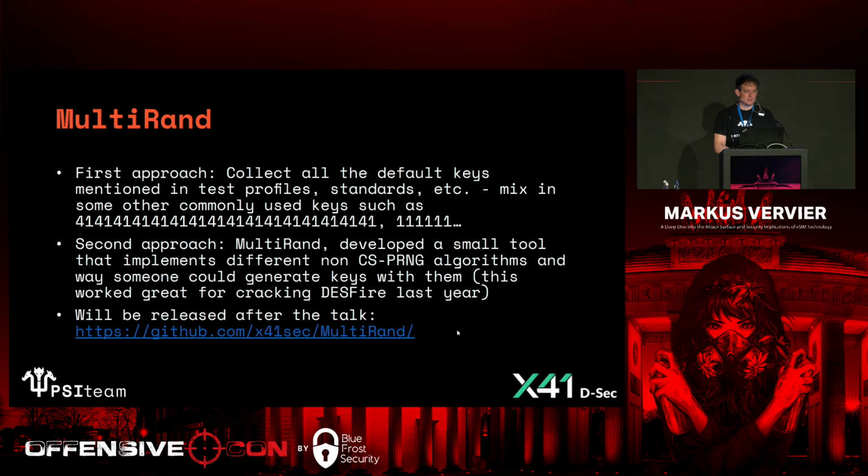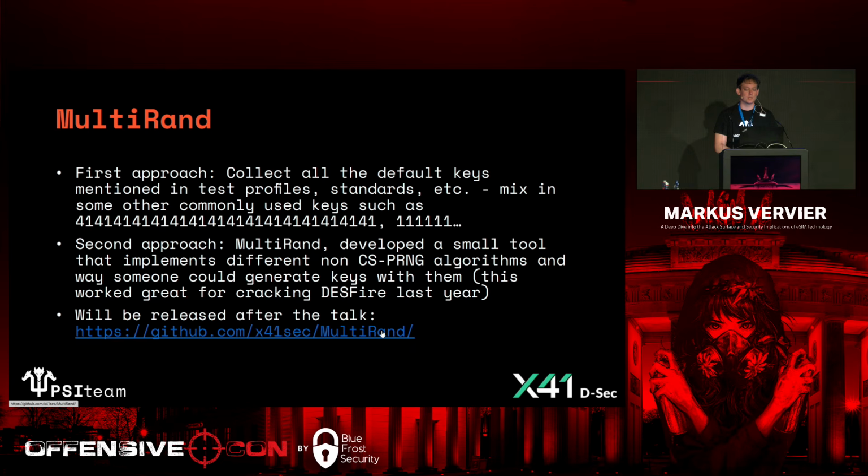generating bytes based on a lot of insecure algorithms like RAND, libc RAND, Windows RAND, Borland RAND, and we actually had some success with that by cracking some Deathfire keys for electronic logs last year. But this is more the general implementation.